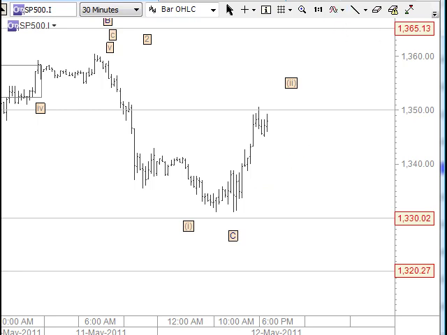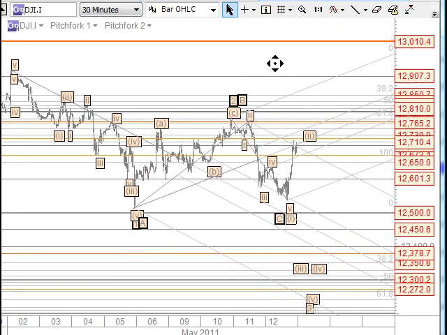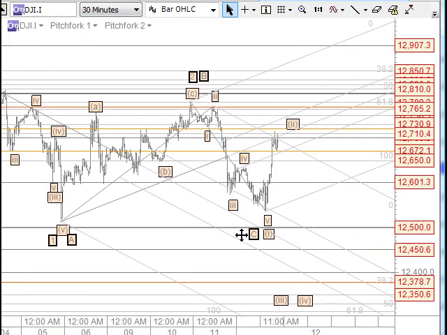In the Dow Jones here, it's the same situation as well. We've got either down for the 1 or the A wave, back for the 2 or the B wave, and down for the C wave here, or we're coming down for wave 1 here.